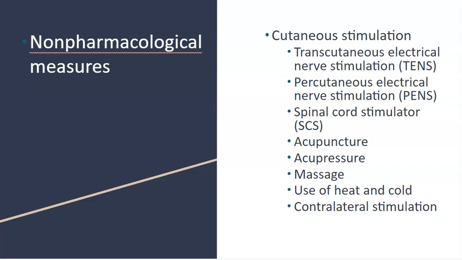Spinal stimulators are used for chronic neurological pain, which may be treated by a surgically implanted spinal cord stimulator. The SCS produces a tingly sensation that interferes with the perception of pain. Acupuncture is the application of extremely fine needles to specific sites in the body to relieve pain.